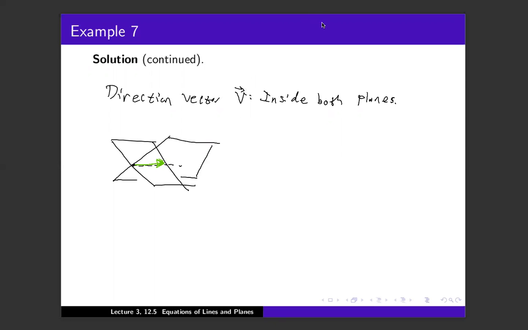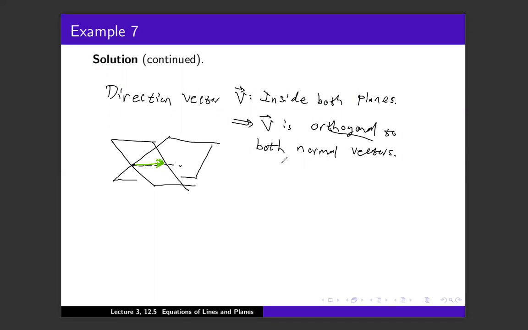What does that really tell us, though? That means that V is going to be orthogonal to both normal vectors. It's orthogonal to both normal vectors, right? Now, if it's orthogonal to both normal vectors, how can we find V?